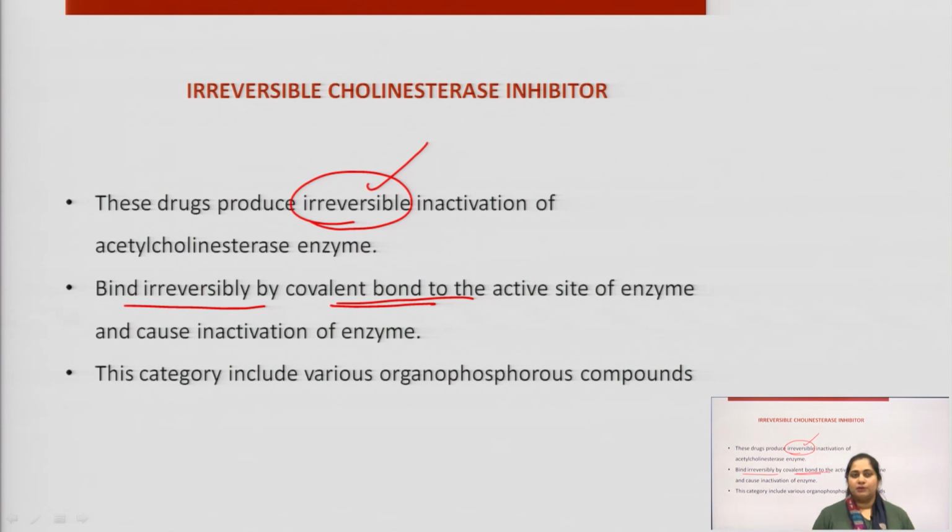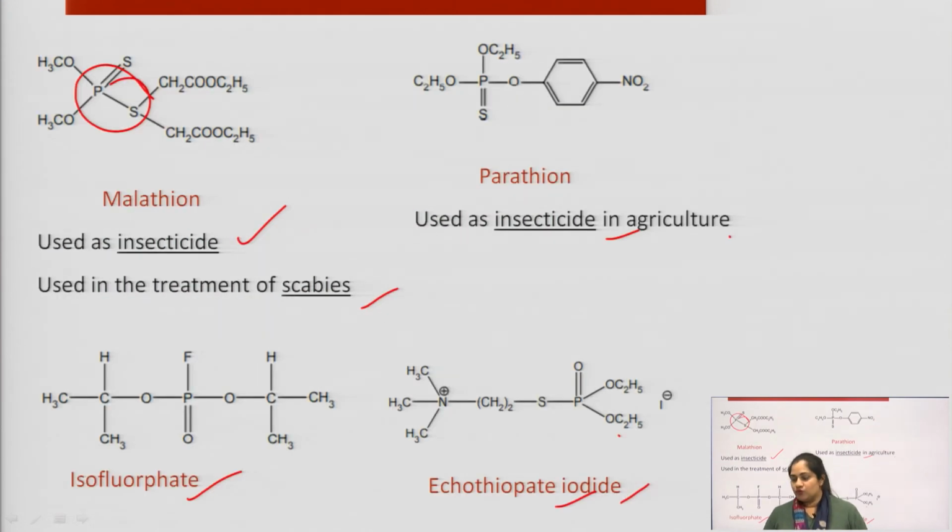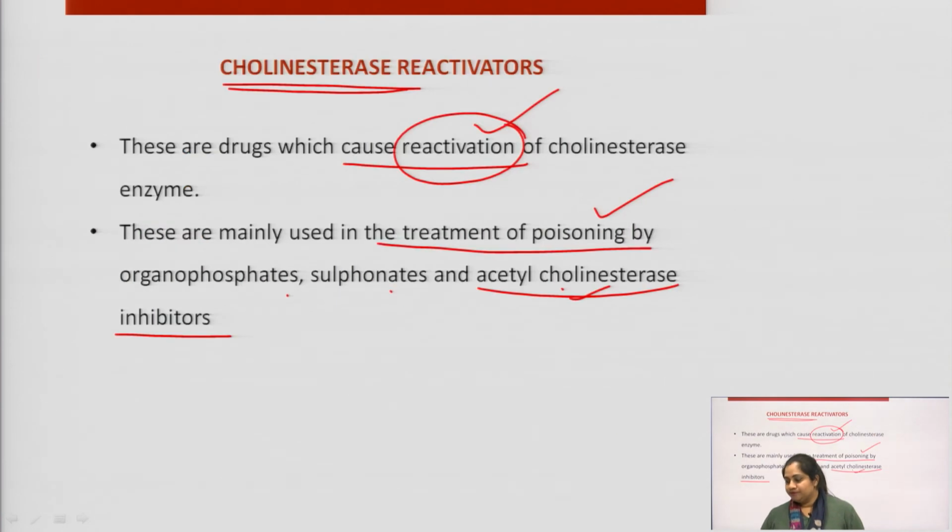Further, irreversible cholinesterase inhibitors bind irreversibly because they bind through a covalent bond and cause inactivation of the enzyme. In this category, organophosphorus compounds are there, like malathion and parathion. Basically, they are used as insecticides and also in the treatment of scabies. There are a few other examples as well.